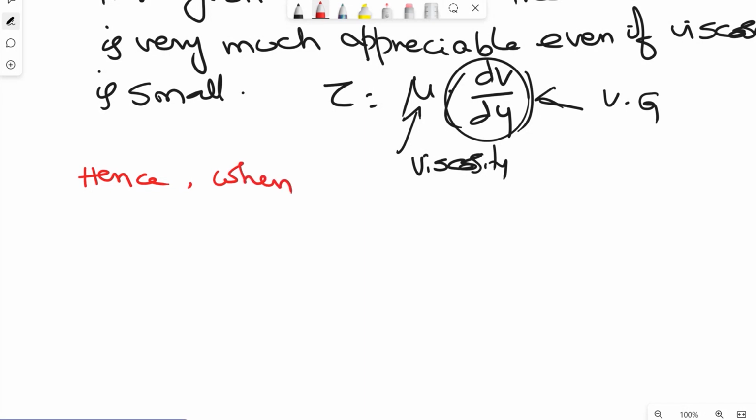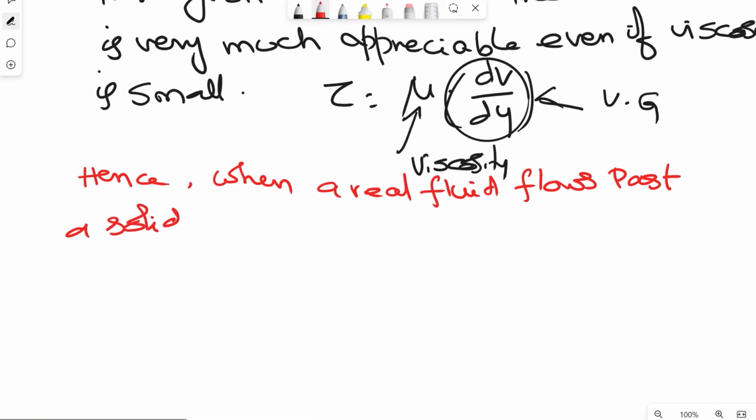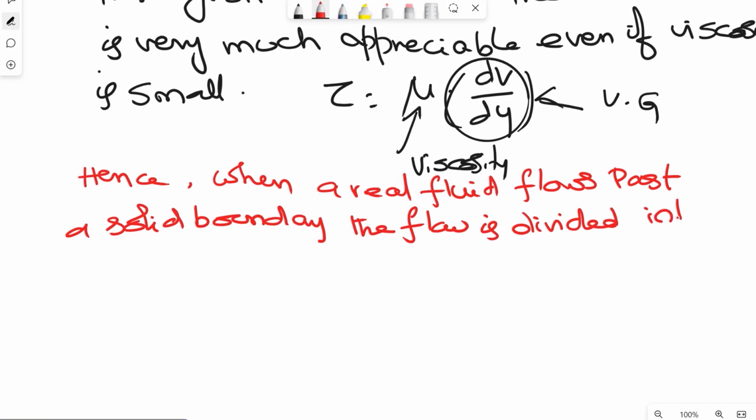when a real fluid flows past a solid boundary, the flow is divided into two regions.